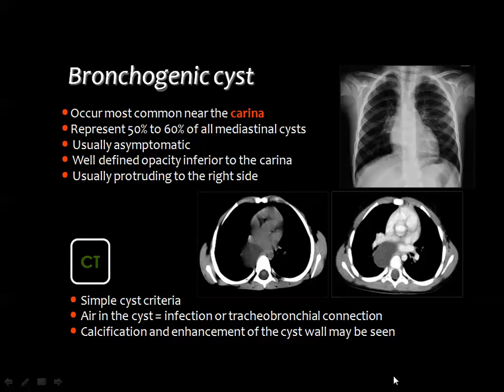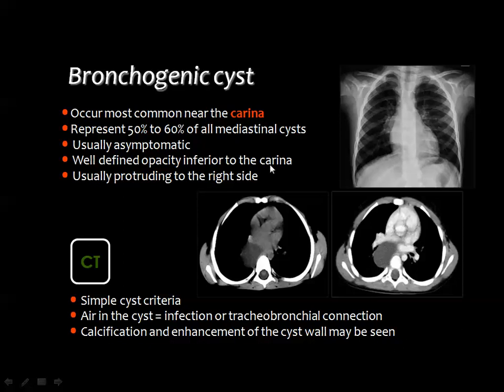And bronchogenic cyst is usually seen in relation to the tracheal bifurcation, and is considered the most common mediastinal cyst. This cyst is usually asymptomatic, and whenever it is large enough, it will protrude outside the confinement of the mediastinum, either to the right or to the left, but commonly to the right side.